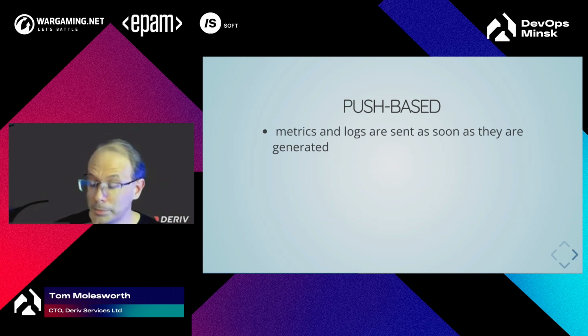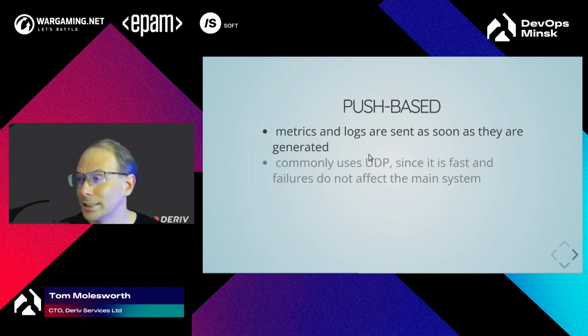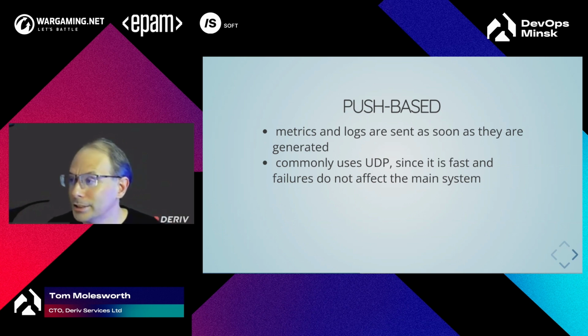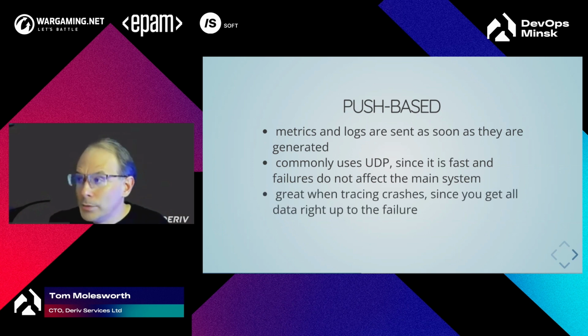With StatsD, for example, that's a UDP send, and it will just push the number immediately when it sees that line of code. UDP is good because it's no connection overhead, typically doesn't have any blocking or other issues, and if it fails, you don't really care too much. I mean, you'd like to know if it fails, but you don't want to stop whatever you were doing. With a push-based system, you're much more likely to get everything up to the point where the code crashed.